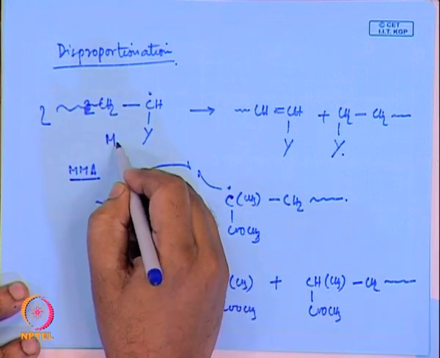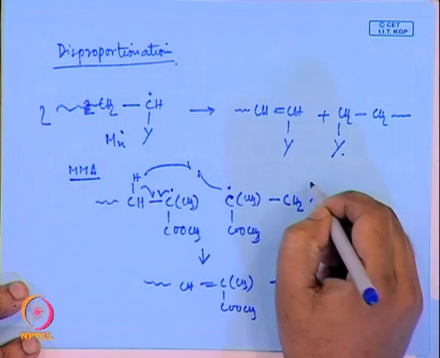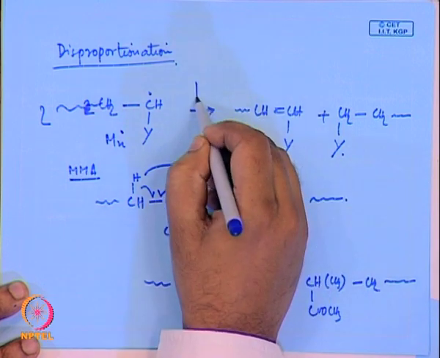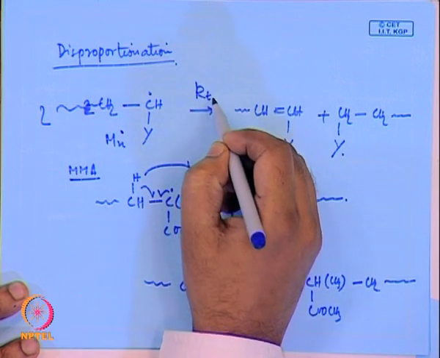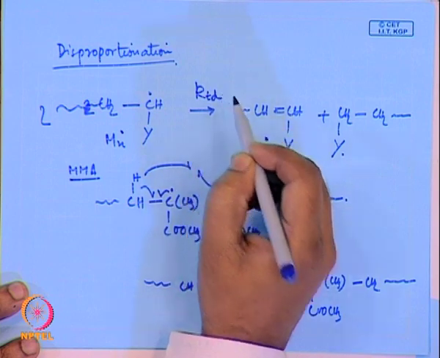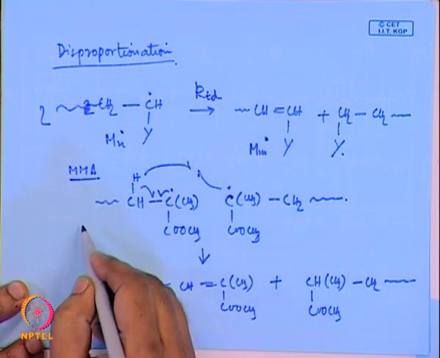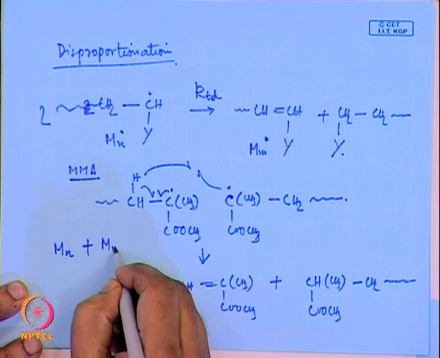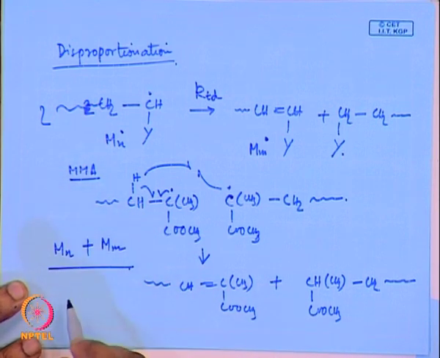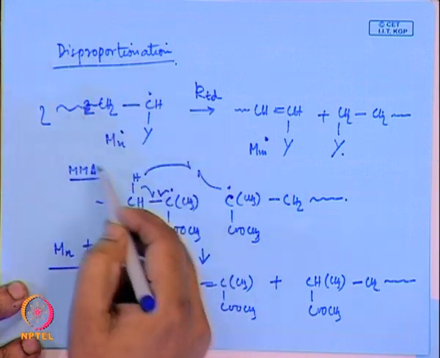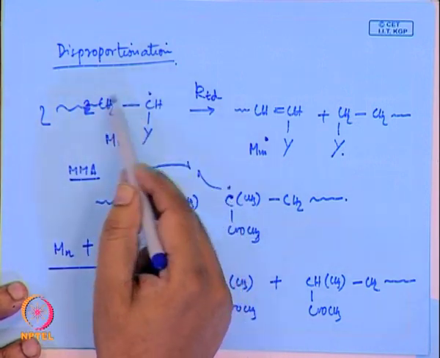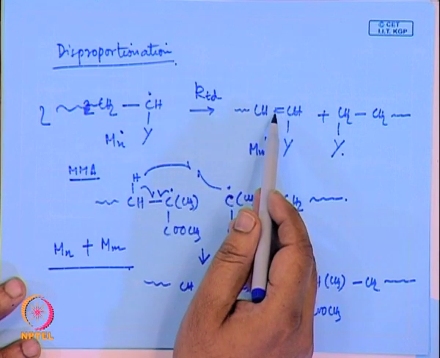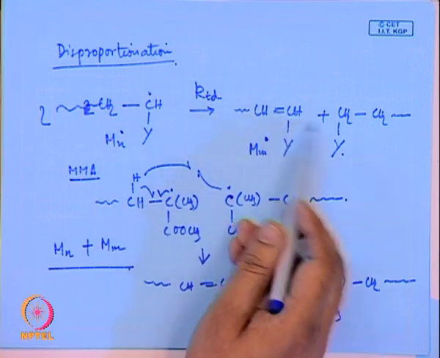So, if I write n dot here and this is m dot, and this reaction is K termination by disproportionation, then it gives again Mn plus Mm. Okay. So, here on termination, the molecular weight does not change, ignoring the difference of 2 hydrogens between these two.